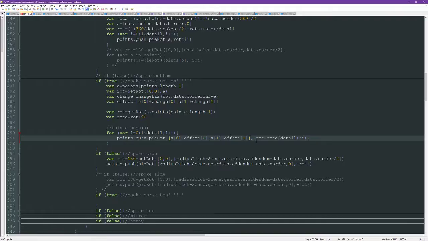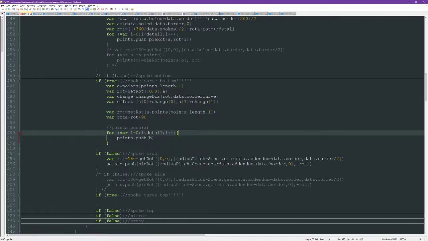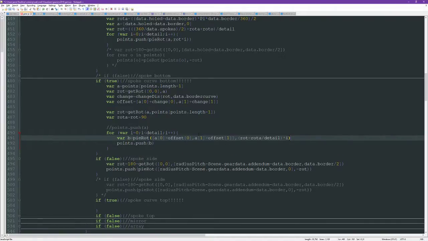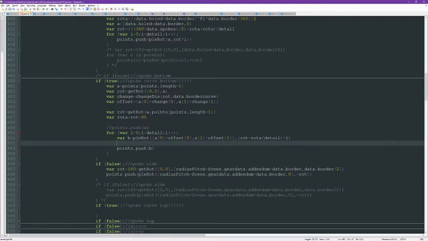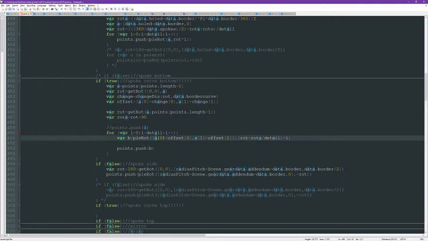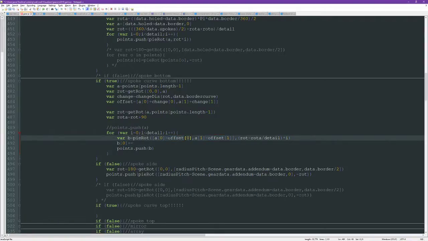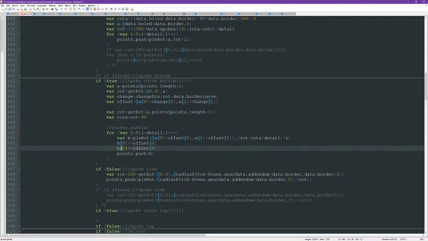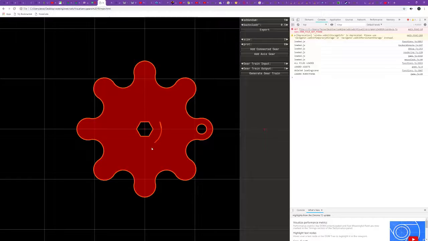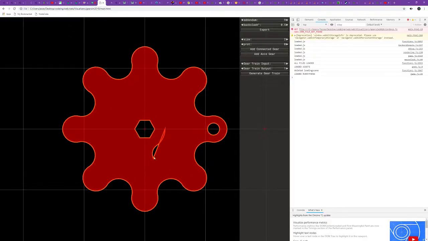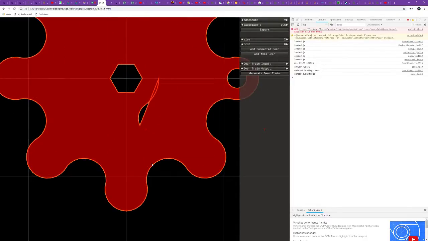And we also need to push him back in again. B. B0 plus equals offset 0. 0 is the 1. Okay. And that should be that.